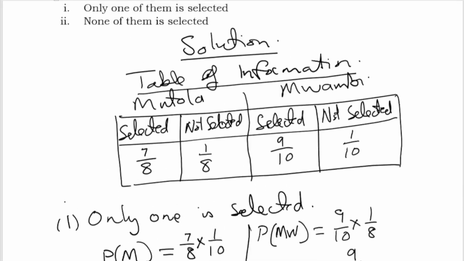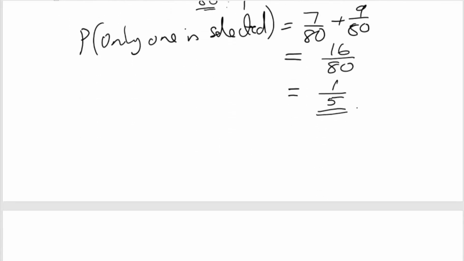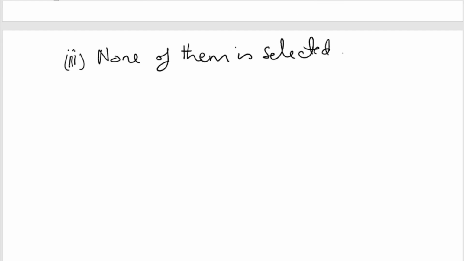The second part of the question says none of them is selected. So what are we saying here? None of them is selected. We come back to the issue: what's the probability of not selecting Mutola? We write it with a bar on top, which in probability means not selected.